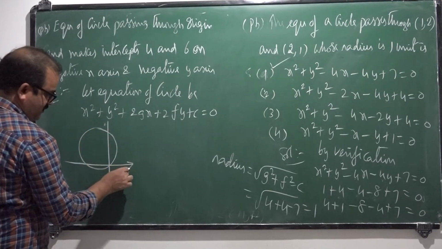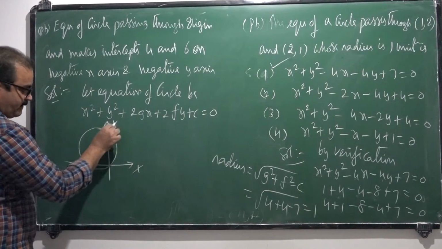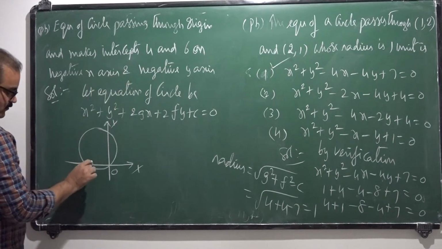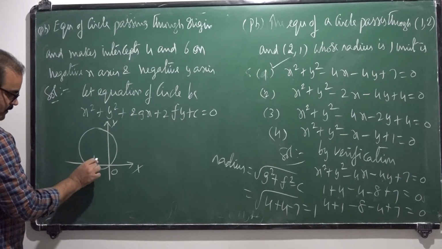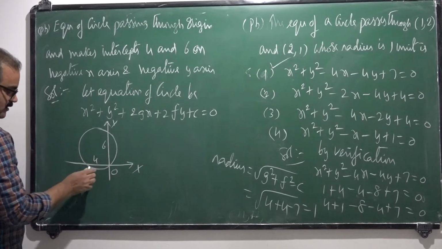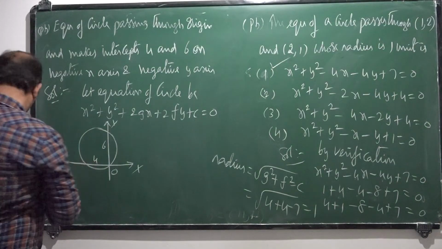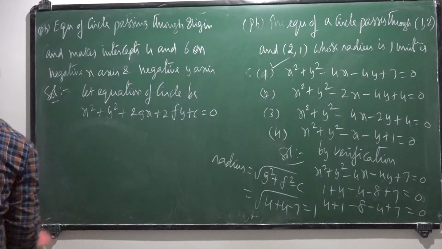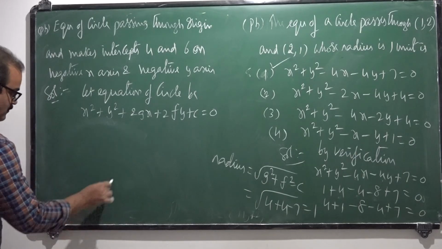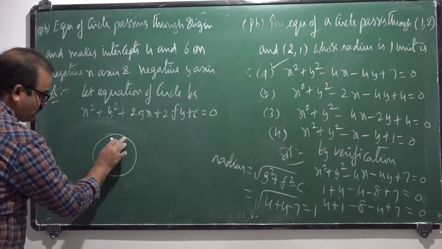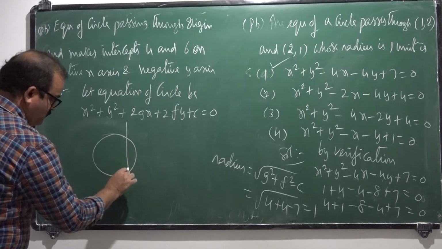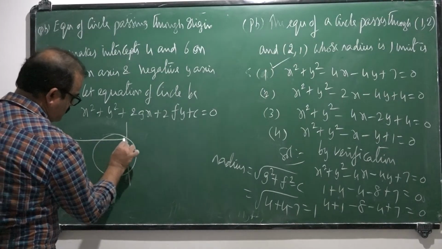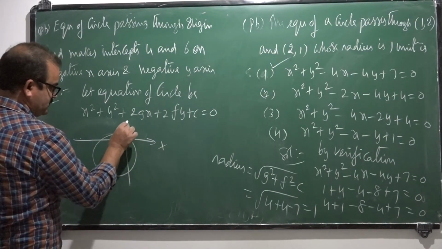See the diagram, observe the diagram clearly. Circle passing through origin and making intercepts 4 and 6 on negative axes. This is x-axis, this is y-axis.